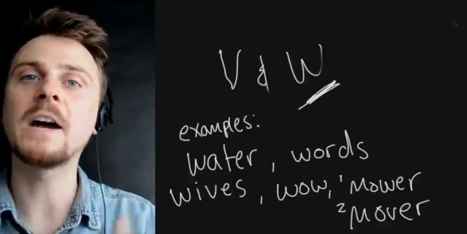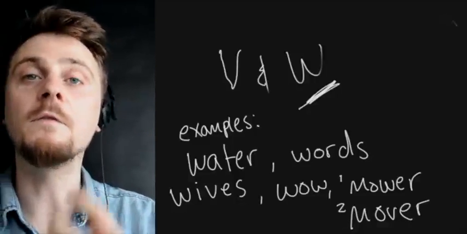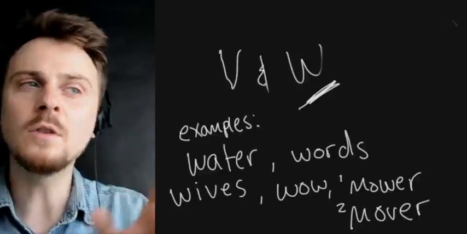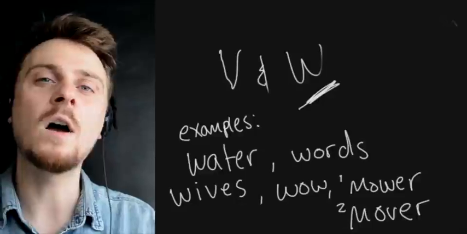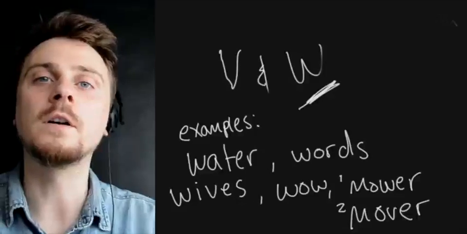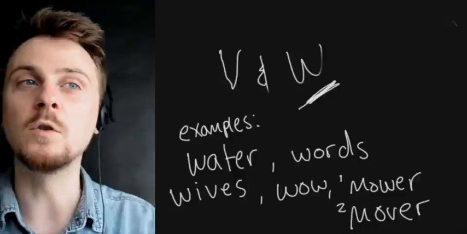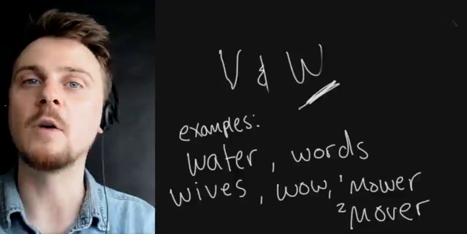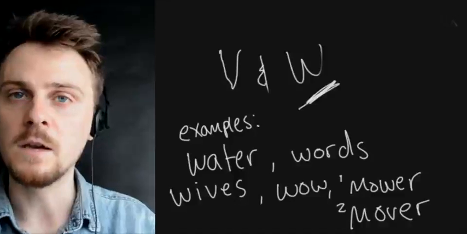Okay, so practice that back and forth, and you can give yourself the feeling of the difference between the V and the W sound. You can also do it for wives, right? Wives, wives, saying it quickly. But I think mower and mover is a better way to practice the two because they look the same except for this one sound difference, W and V.